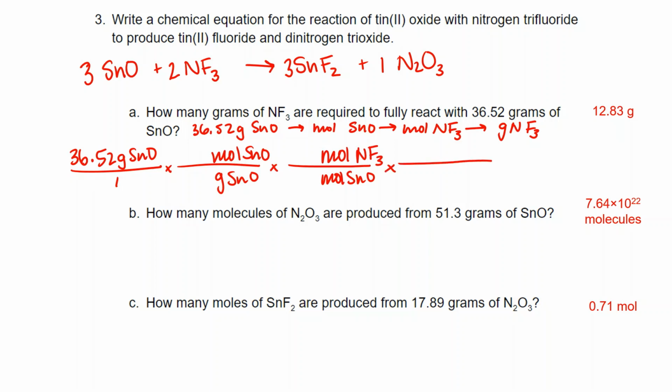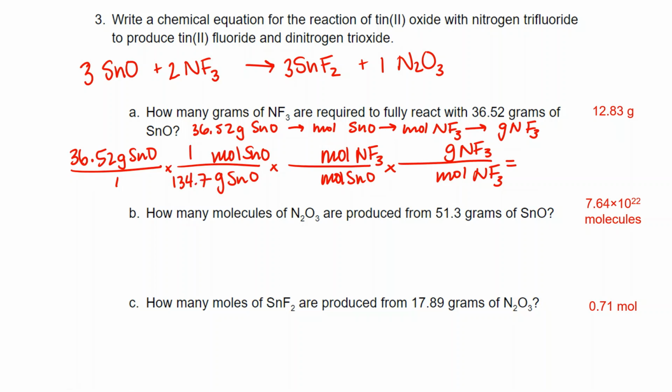Then finally, I can convert moles of NF3 into grams of NF3. So my first blank has grams and moles of SnO, so I need the molar mass of that tin(II) oxide. So 1 mole weighs 134.7 grams.